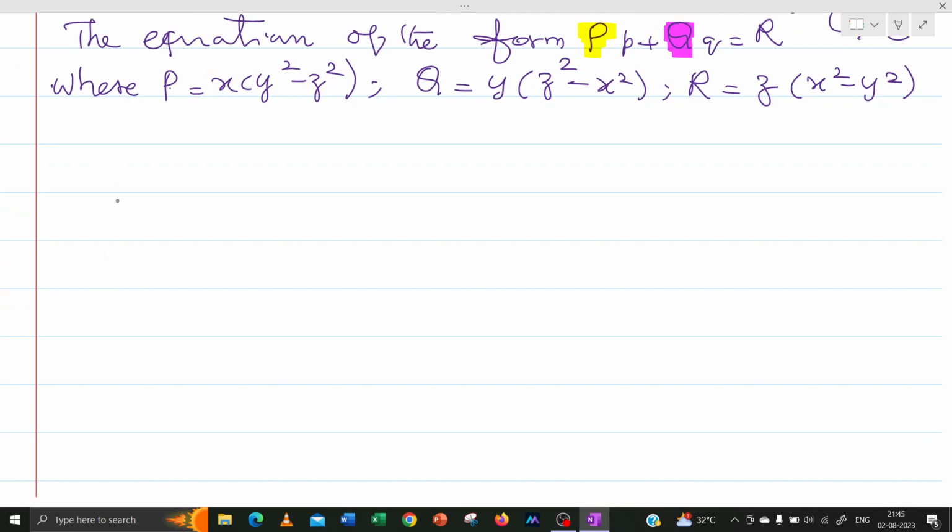So once you find P, Q, R, next you have to write the Lagrange's subsidiary equations.